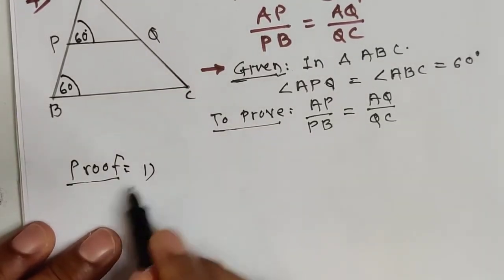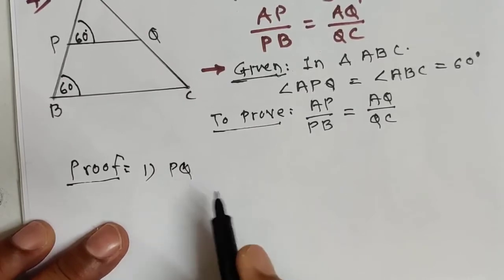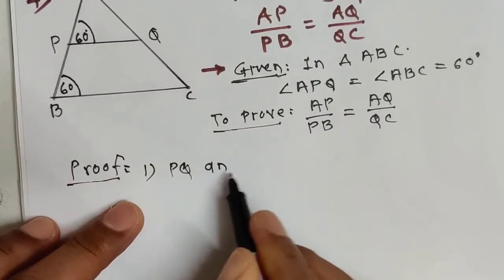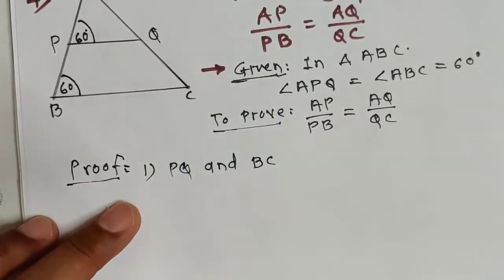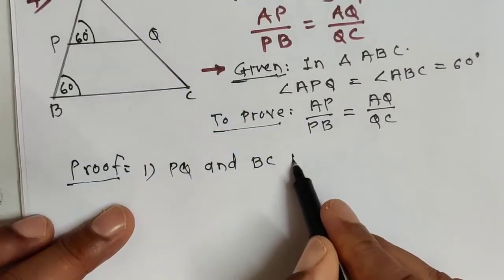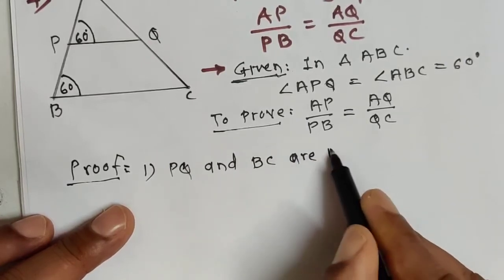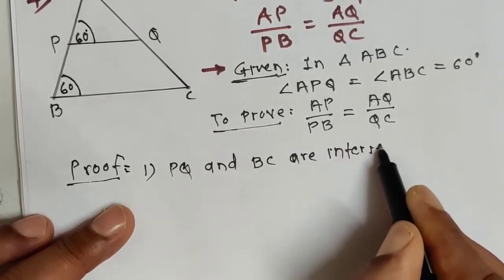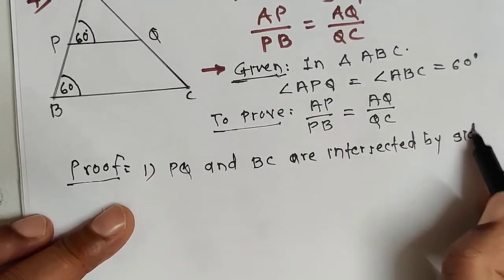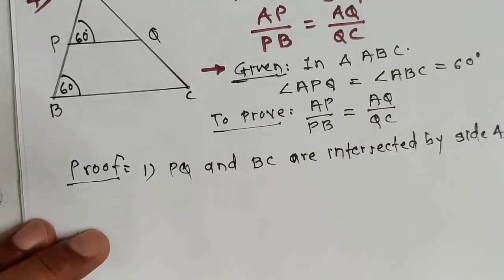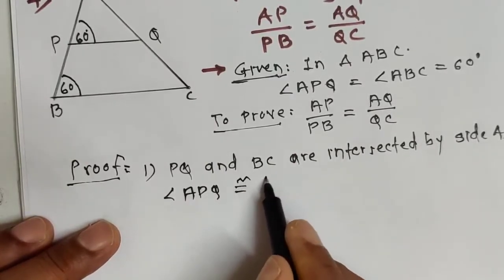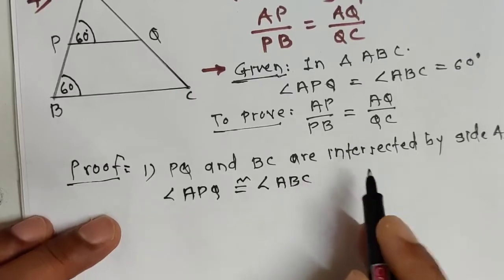This first point: PQ and BC, these are two lines, are intersected by side AB. Then angle APQ is congruent to angle ABC.